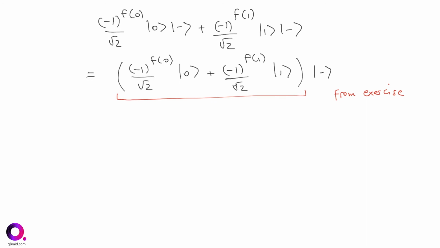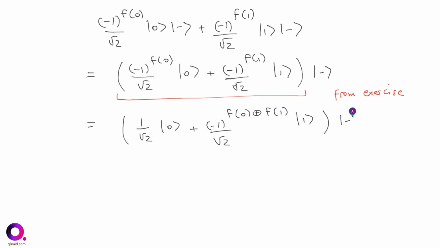What we showed there was that this expression, up to a global phase, in fact up to a factor of minus 1 to the f of 0, is equal to 1 over square root of 2 ket0 plus minus 1 to the f of 0 XOR f of 1 over square root of 2 ket1. And then again we are copying the state of the second qubit, which is ket minus. And so this is up to a global phase.